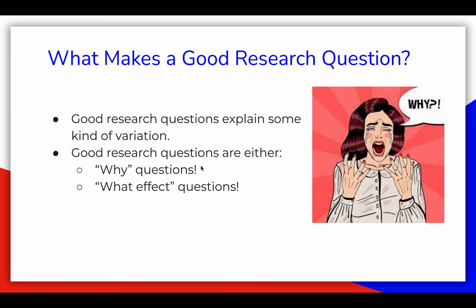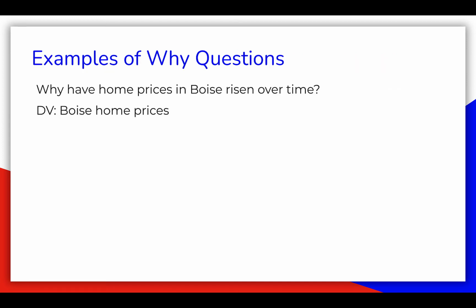But I could have asked that question one of two ways. If I had no idea where I wanted to take my research question, I would have said, why do some states have better educational outcomes than others? Whereas the what effect question is, what effect does quality food have on educational outcomes? Because I've read a bunch in the past few years, that might be an area that I'm interested in, okay?